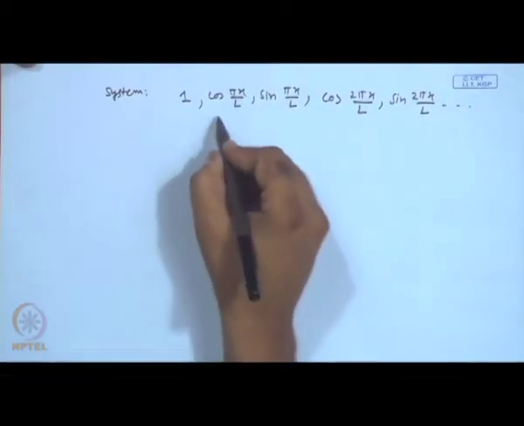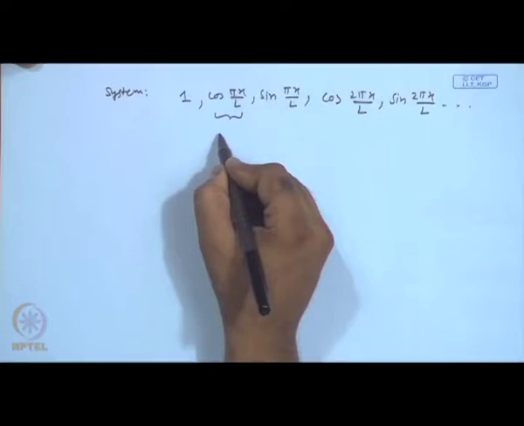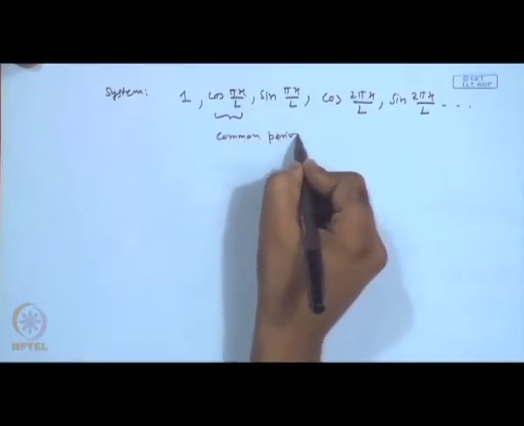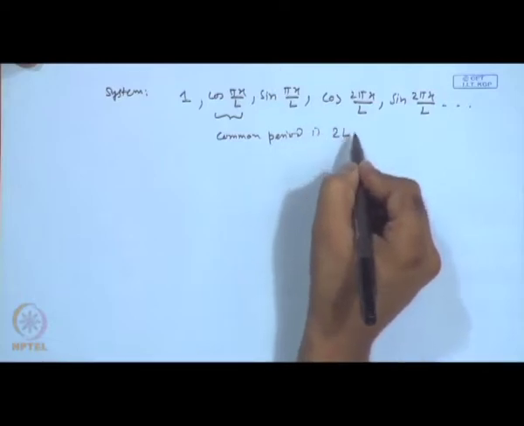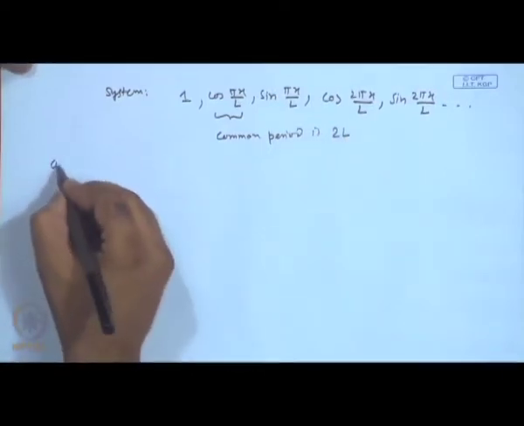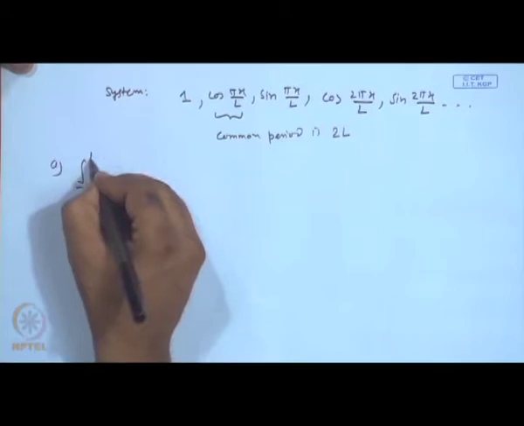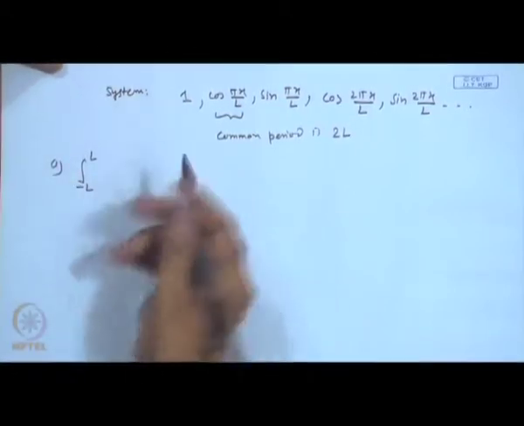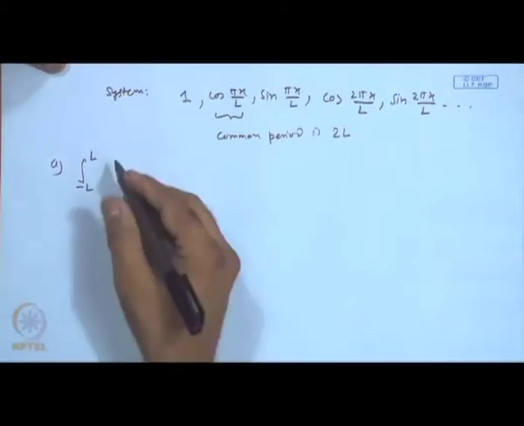Here the common period is 2L, and now we have again a similar result if we integrate from minus L to L, or from 0 to 2L.